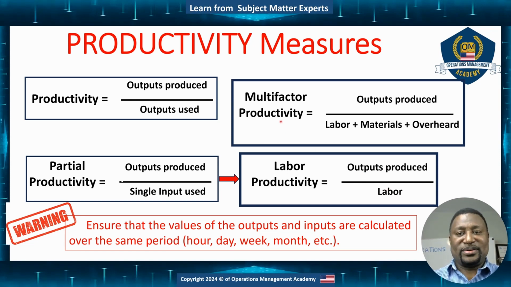And multi-factor productivity is all the output produced divided by labor plus material plus overhead in this case. So make sure that the value of the output and the input are calculated over the same period, month, weekly, and so on.